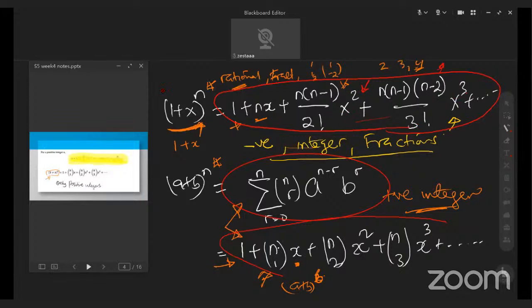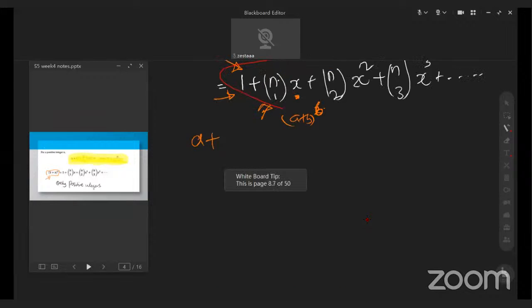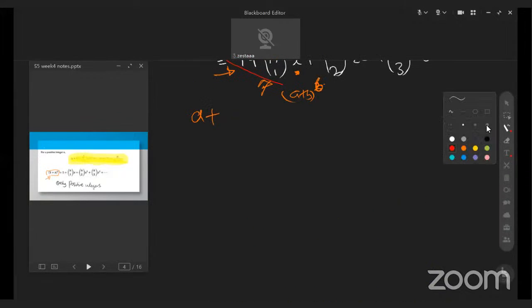All right, maybe let's do a worked example. I was saying that if you have a question in this format, maybe you have a plus bx to the power of n.